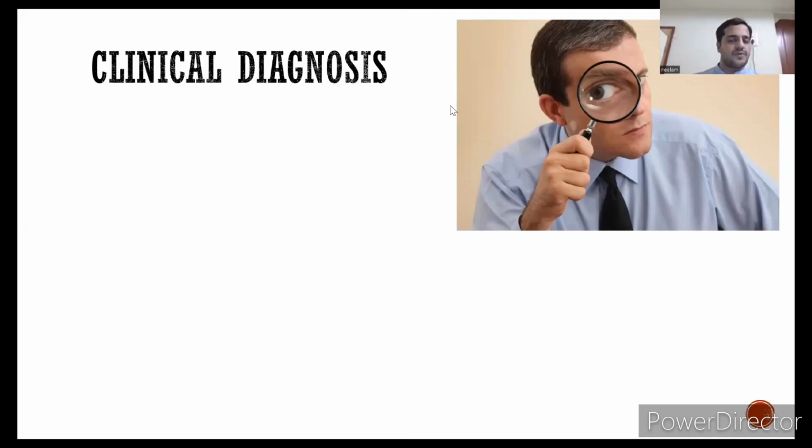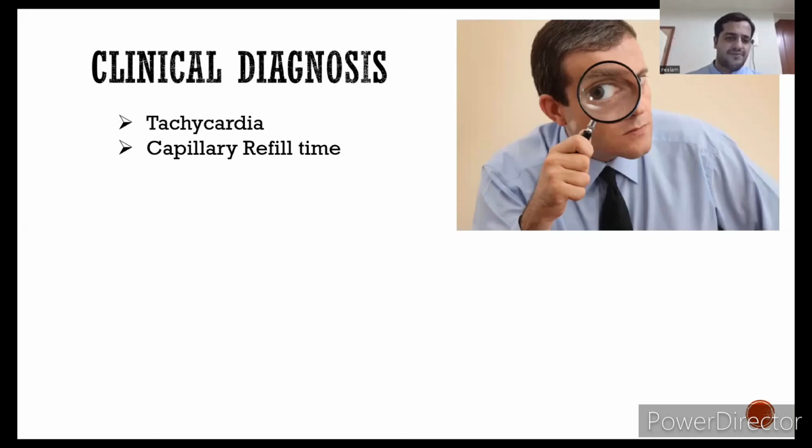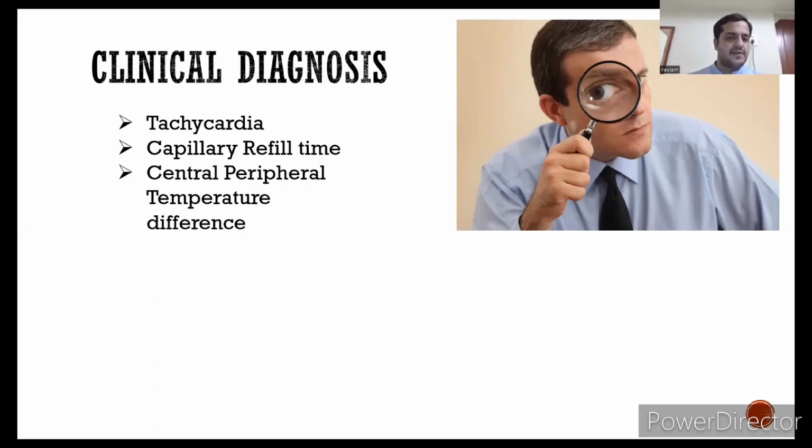As far as clinical diagnosis is concerned, there are many ways by which you can diagnose shock. One is tachycardia, which we see every day in day-to-day practice. There will be tachycardia, a prolonged capillary refill time, and some central peripheral temperature difference. The peripheries will be cold, the core body temperature will be maintained, so a central peripheral temperature difference will be there.